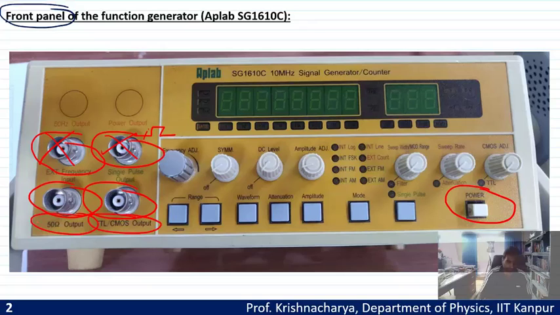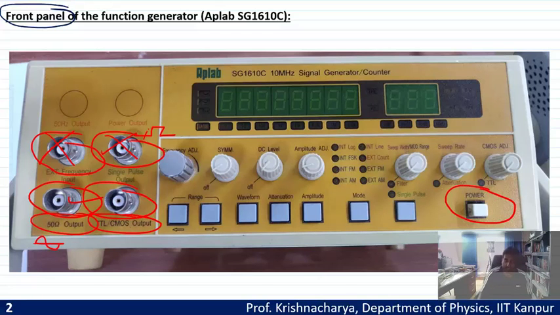As also discussed by Professor Kelkar in his first lecture, the output impedance of a function generator should be as small as possible. If you take output from this BNC, it will have the output impedance of 50 ohm. It will give you a normal sine wave with the output impedance of the machine as 50 ohm.